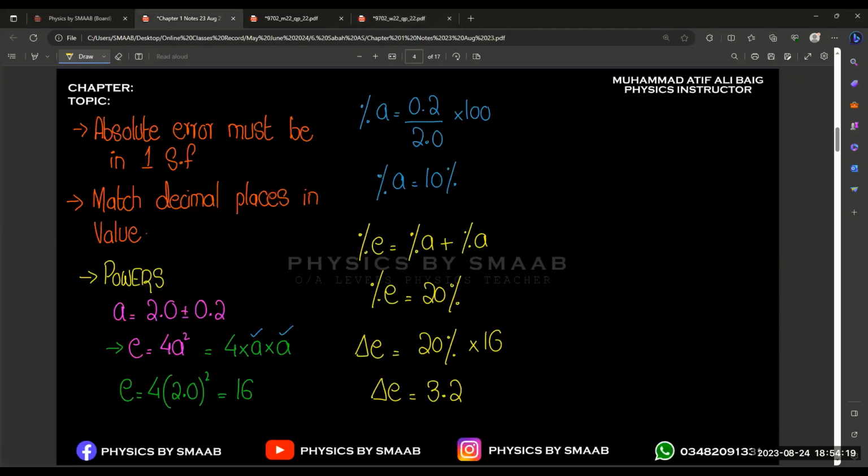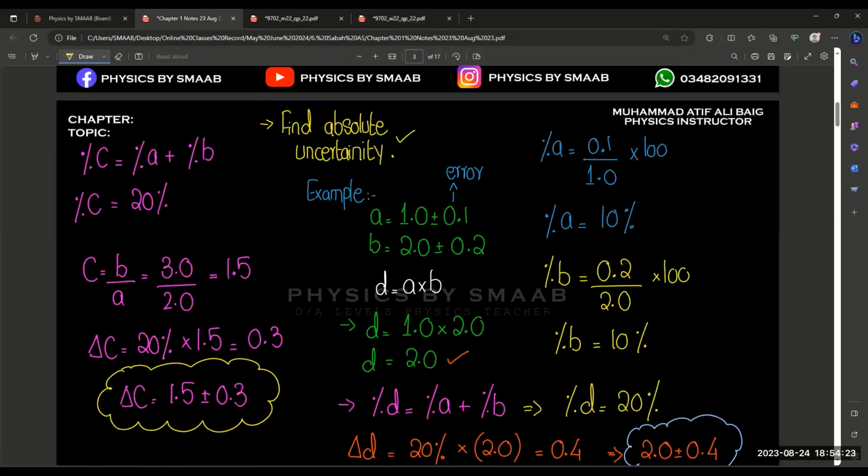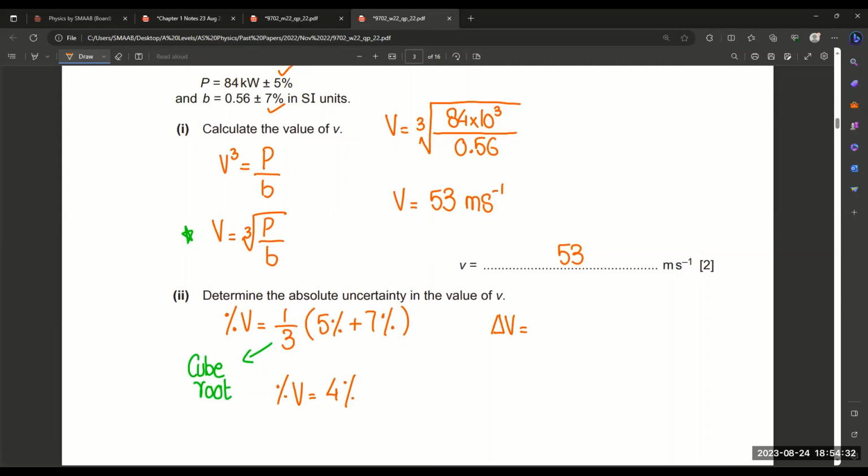By using this equation, we need to divide the error by the original value, multiplied by 100. This is a percentage right now. This is not the absolute value right now.